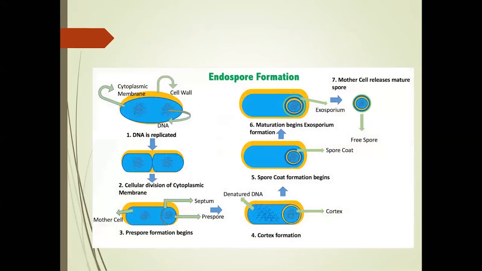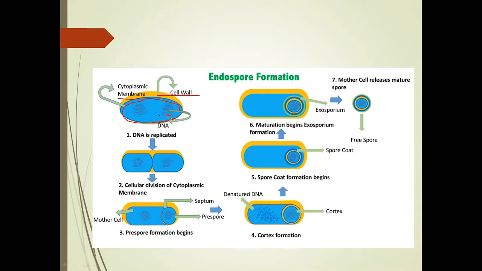So you can see this picture. Basically, we're talking about how the spore forms. Originally, the bacterium here has a cell wall outside of the cytoplasmic membrane, and we have DNA.